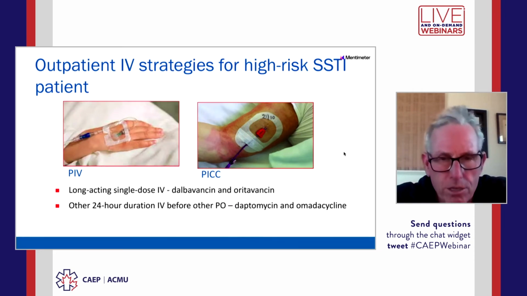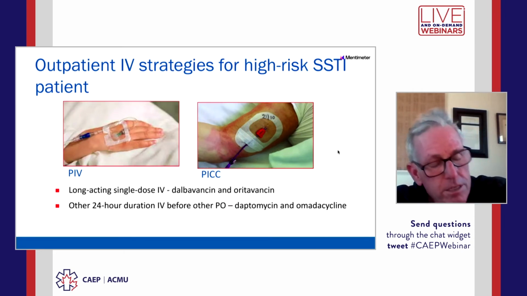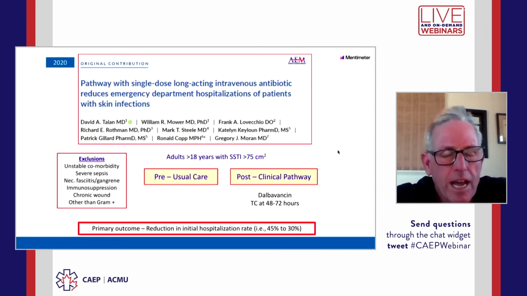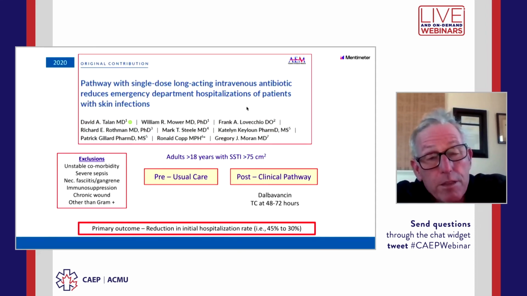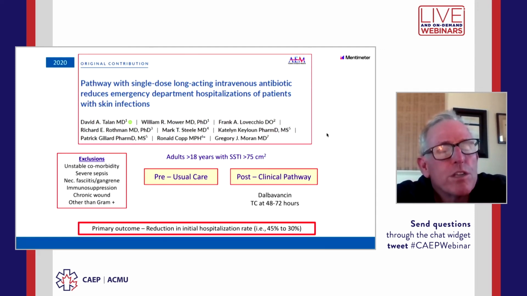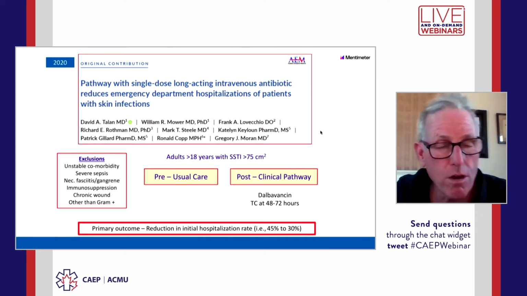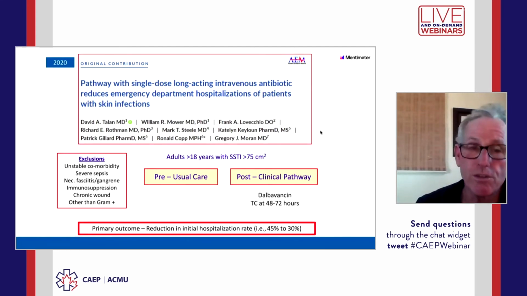But what I want to get to, if you'll give me the next slide, is a study that we did, testing the utility of these very long-acting single-dose parenteral antibiotics, whether their use could result in a significant decrease in hospital admission rate, and whether they could be used safely as an alternative, potentially less costly and more convenient strategy to treat people with serious skin and soft tissue infections.